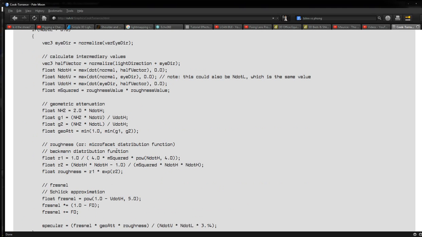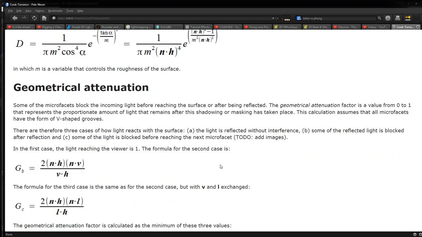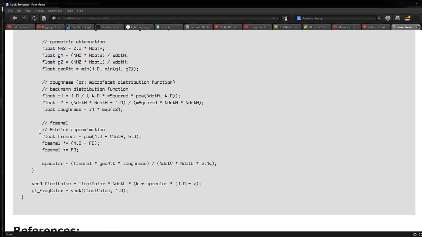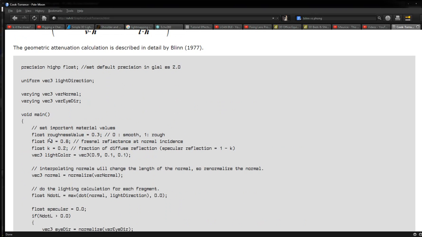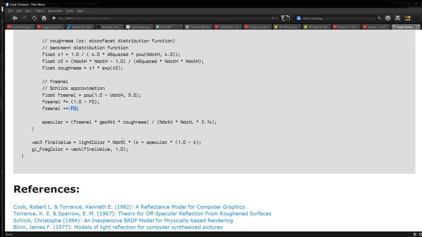And then we go for the Beckmann distribution function, and this is what the Beckmann distribution function looks like inside of a gaming engine. We don't use it in this form. And then this is Schlick's approximation for Fresnel. And the F0 is going to be the refract versus reflect, or angle of incidence value, something like that. I'll explain what that is when we come to that section.